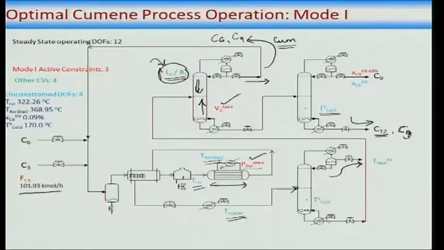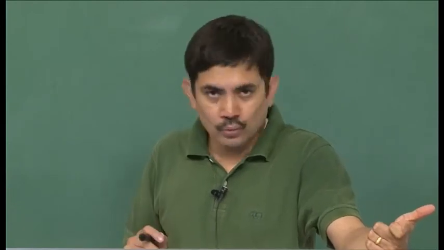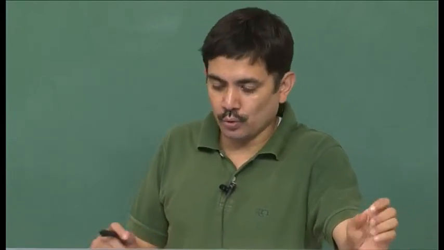So, these two things are economically important, to ensure the right balance between selectivity and conversion. Basically, you want near complete conversion, and you do not want selectivity to be too low.